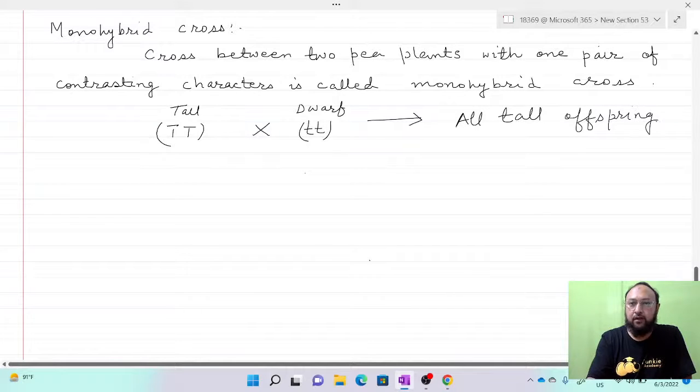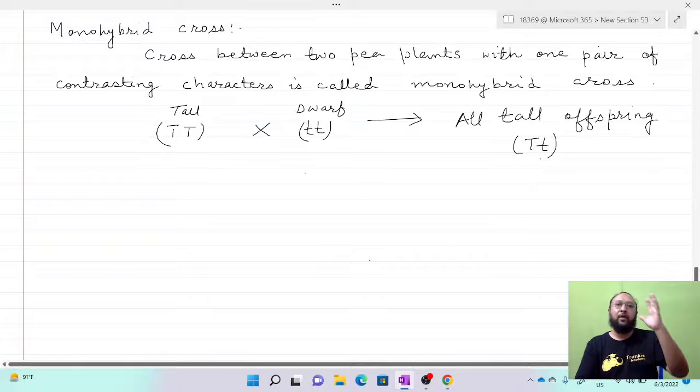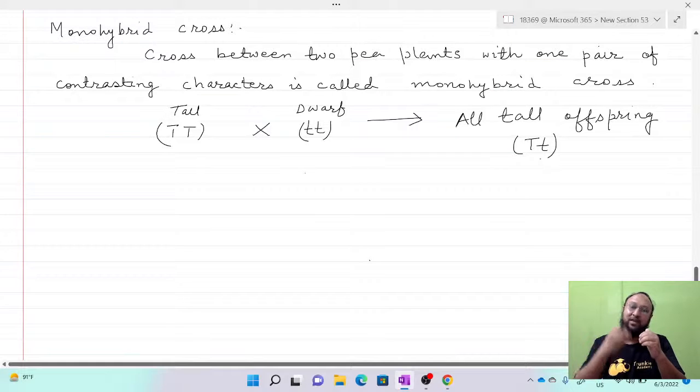I have already explained what genotype and phenotype are. When he crossed the tall and the dwarf plant, he found that all the progeny were tall plants. All were tall, not dwarf. Not a single plant was dwarf.